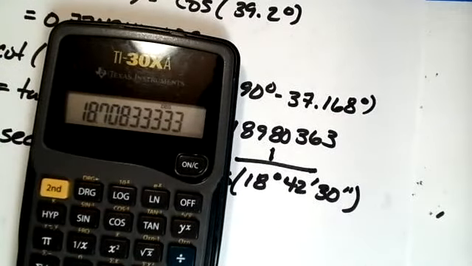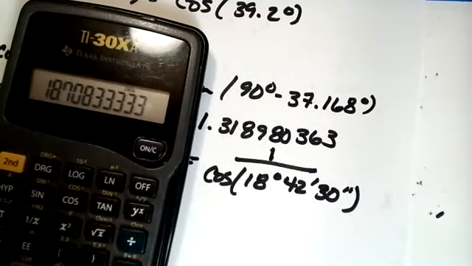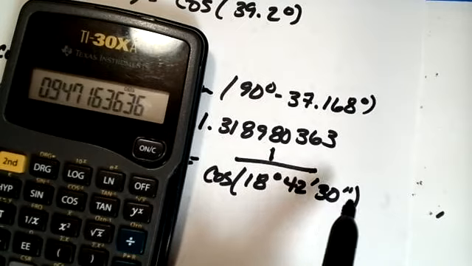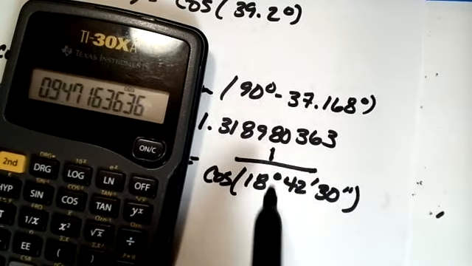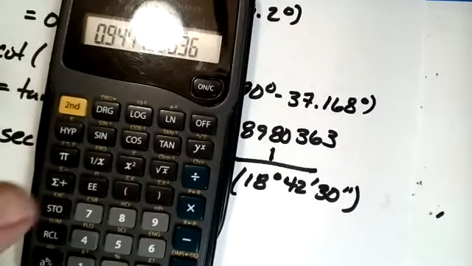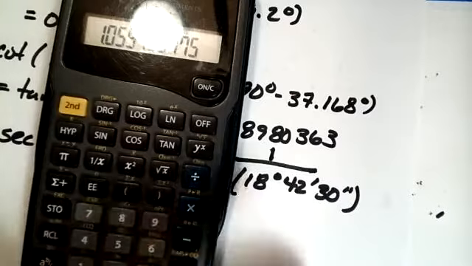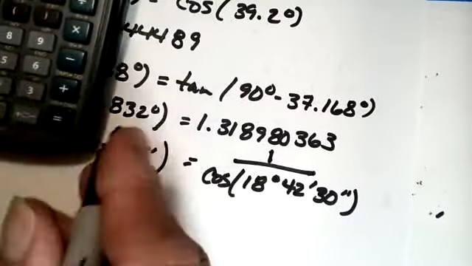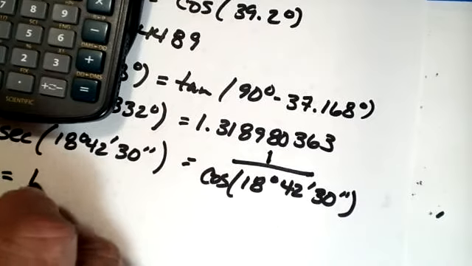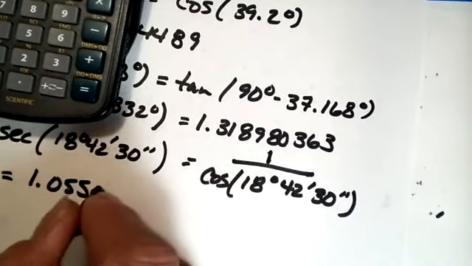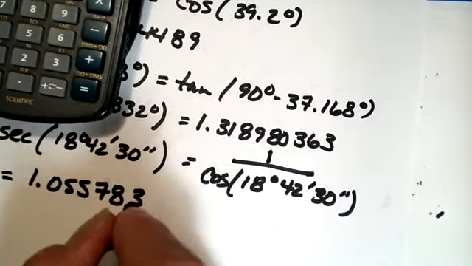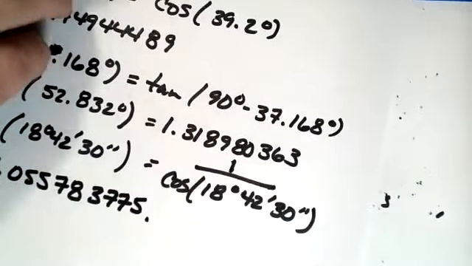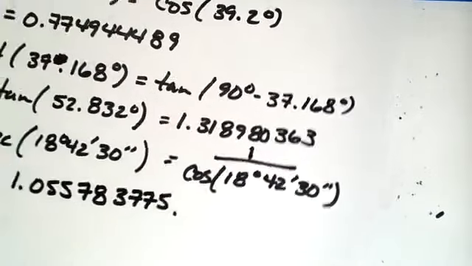I don't want to round that off. I just want to hit cosine of that. And remember, I'm not interested in the cosine, I'm interested in the reciprocal of the cosine. So I'll just use this little button here that flips it upside down. And there is the value, which is approximately equal to 1.0557837775. And there's an infinite number of digits because it's an irrational number.